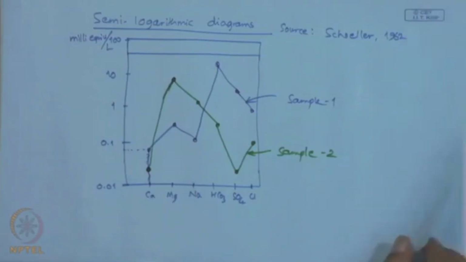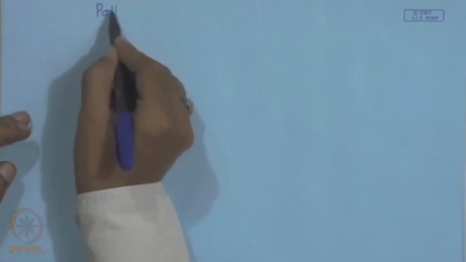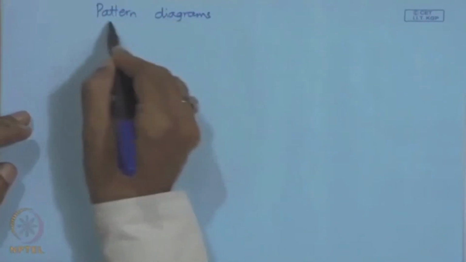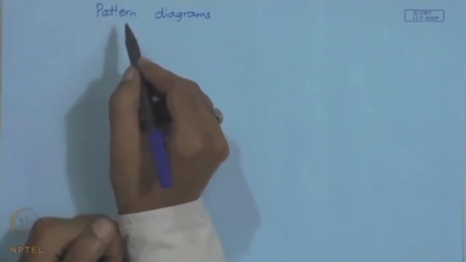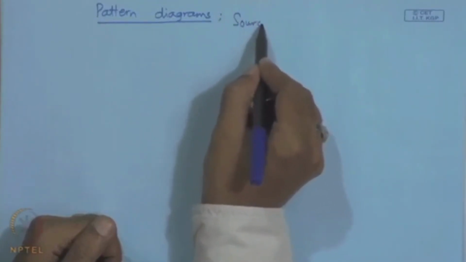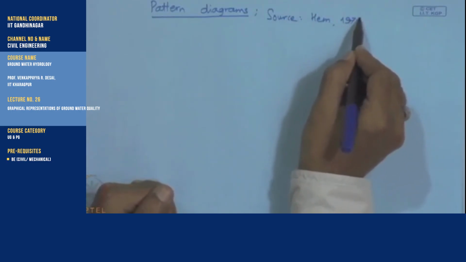So this is another method of graphical representation of groundwater quality, and lastly we will discuss the pattern diagram. This pattern diagram is again taken from the same source, Hem, from 1970.